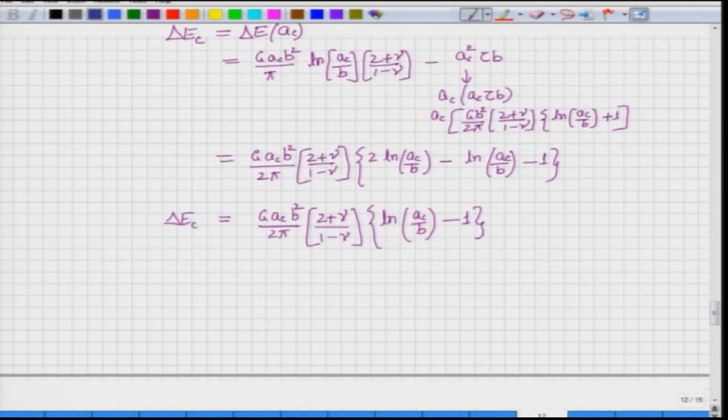So, this is the critical energy required to form a loop of critical size AC.